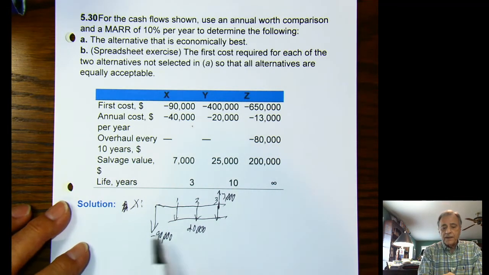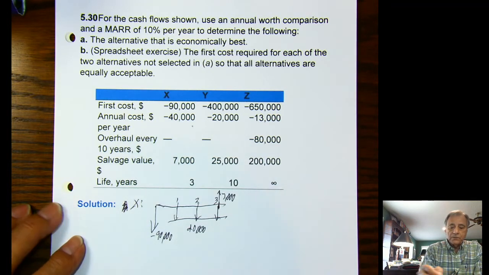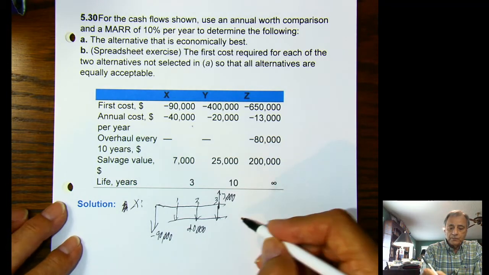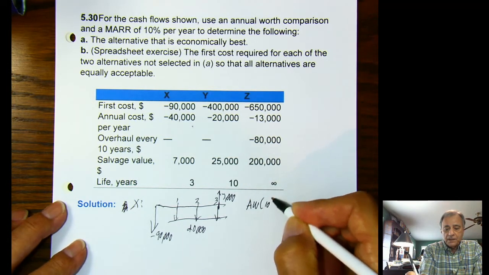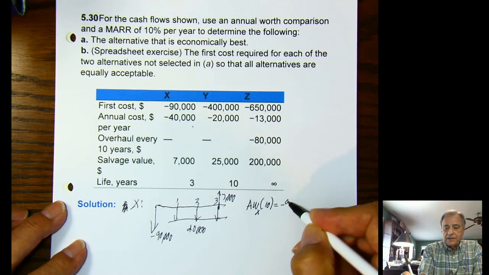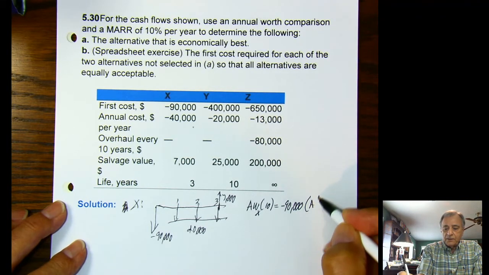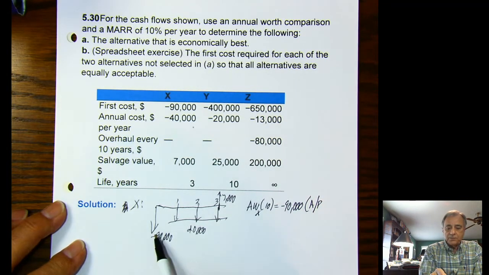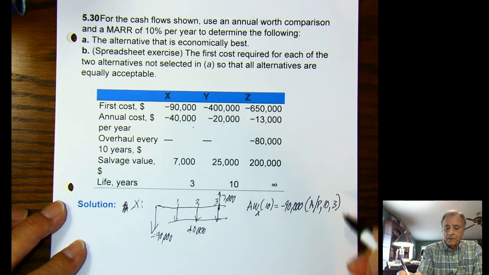If I find the annual worth of the first 3 years, it'll be the same forever. So the annual worth of X at 10% will be minus 90,000 A given P, because that's a present value, 10% for 3 years.